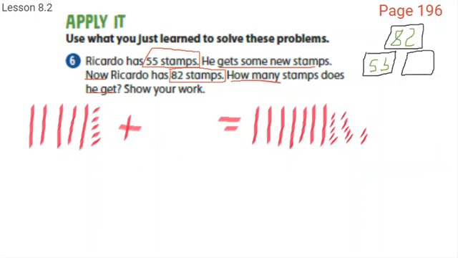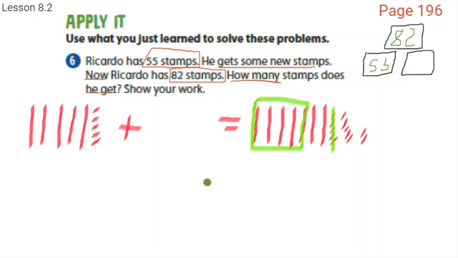So if I come over here, I'm just saying, well, 1, 2, 3, 4, 5. I already have 5 tens right here. So if I take 5 of these tens away, I'm just going to say those are already taken care of. And then I have 5 ones, and I'm just going to put a line through these ones here.